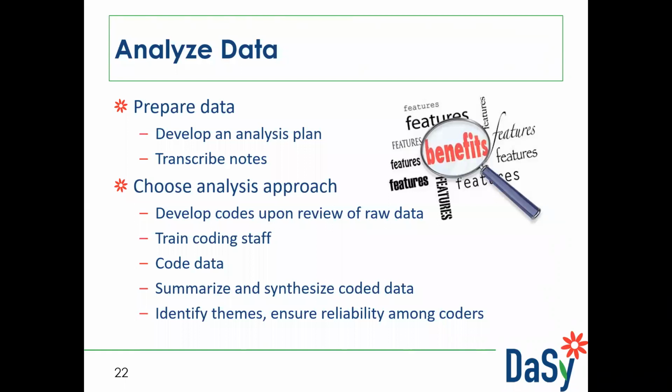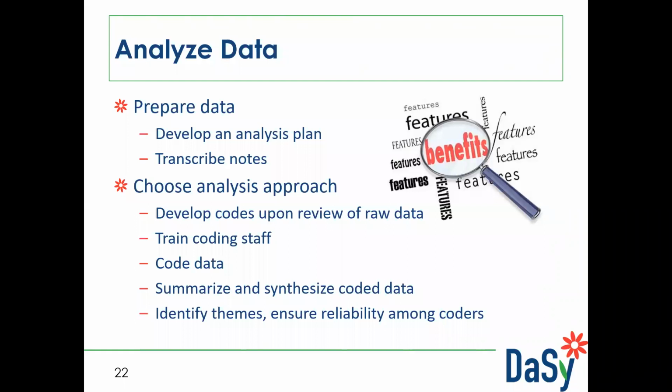You will also need to train coding staff and think about who will be coding all of the data. Will you have multiple coders who will come to consensus on the codes and on the themes through an iterative process? Will you use computer system or software systems to help build the codes in a more exploratory way?